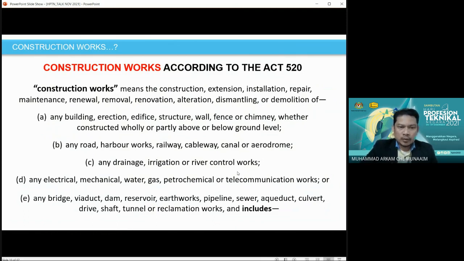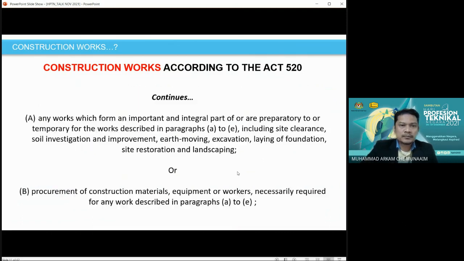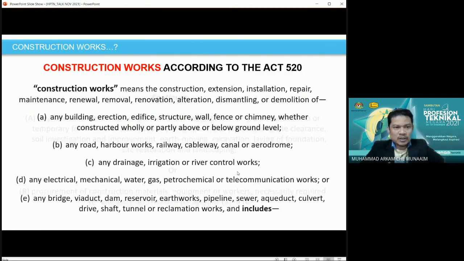Any road, harbor works, railway, cableway, canal, or aerodrome, any drainage, irrigation, or river control works, electrical, mechanical, water, gas, petrochemical, telecommunication works, or any bridge, viaduct, dam, reservoir, earthwork, pipeline, sewer, aqueduct, culvert, drive, shaft, tunnel, or reclamation work, and also includes any works which are an important and integral part of the preparatory or temporary works, as described in paragraphs A to E before.